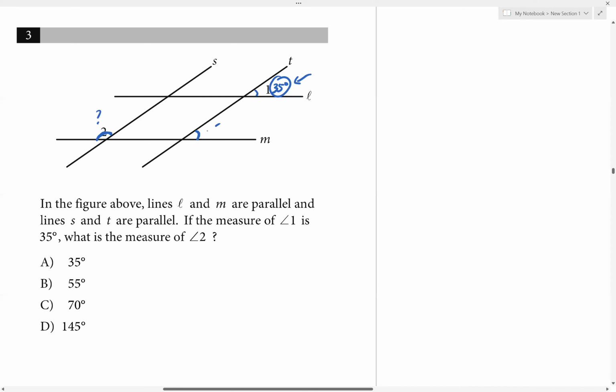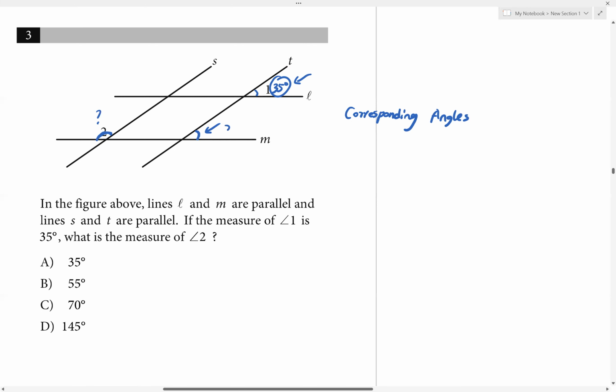These two angles are equivalent. In geometry, they are called corresponding angles. You don't have to know the name for these, but with parallel lines, the corresponding angles are always equal to each other.